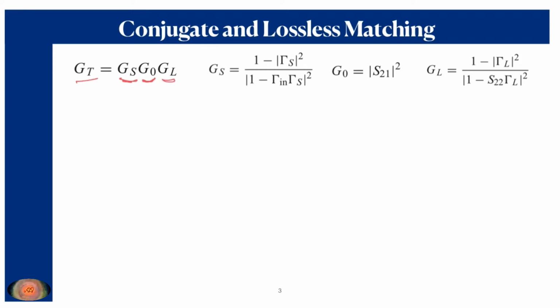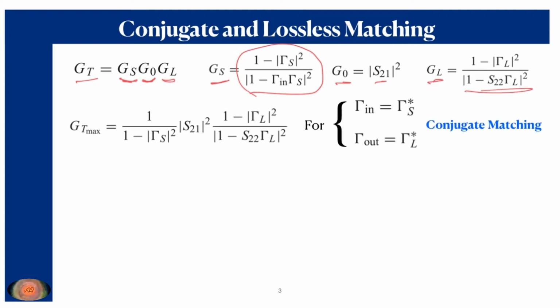The gain of the source matching circuit was represented using this equation, and this is the intrinsic gain of the transistor, which is why it has been represented by the S parameter. S21 represents that the excitation is at port 1 while the observation is done from port 2, and this is the expression for the load matching circuit. I have already established this relation in my earlier lecture.